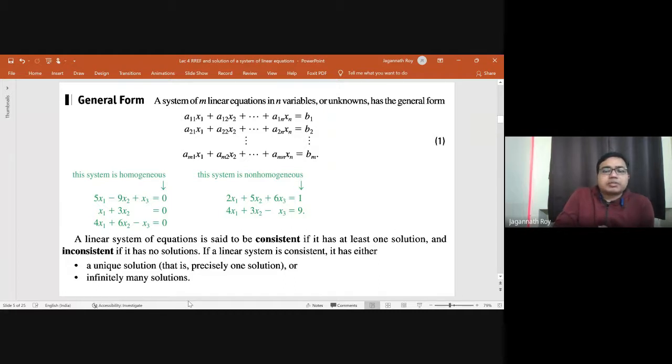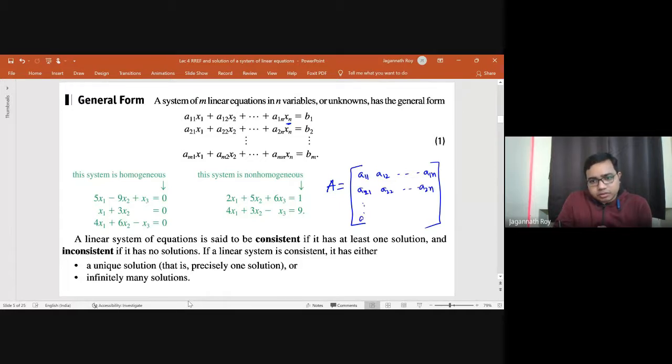If we have n variables in place of 3 variables, then the coefficient matrix will be of this form: a11, a12, a1n, a21, a22, a2n, am1, am2, amn. This is an M by N matrix.